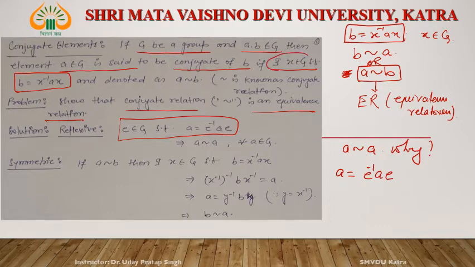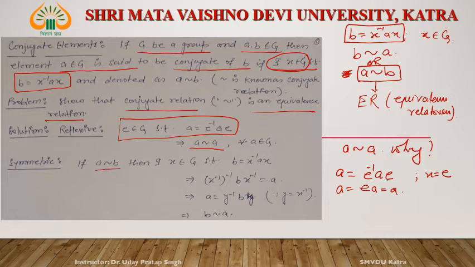There exists x belonging to G. What is x here? x is e here. Then a is equal to e inverse a e. What is e inverse? e. What is a e? That is a. Then every element is related to itself. It is reflexive. See the symmetric property.